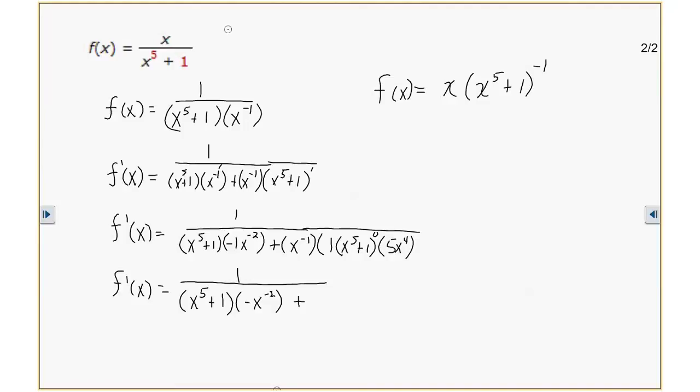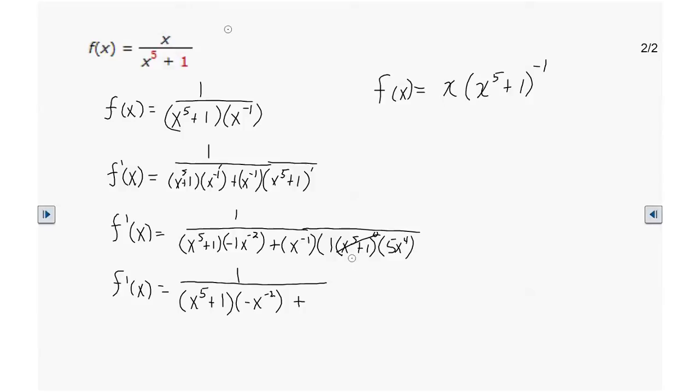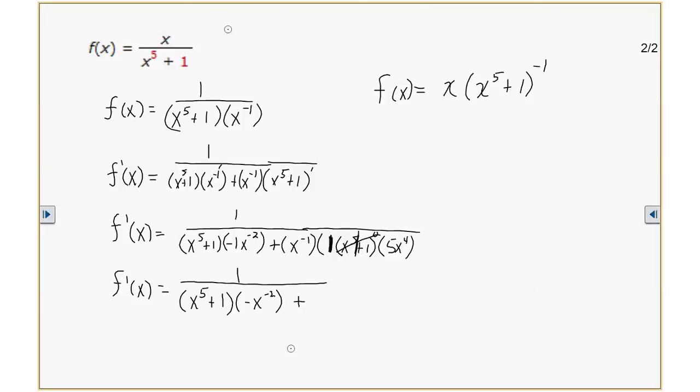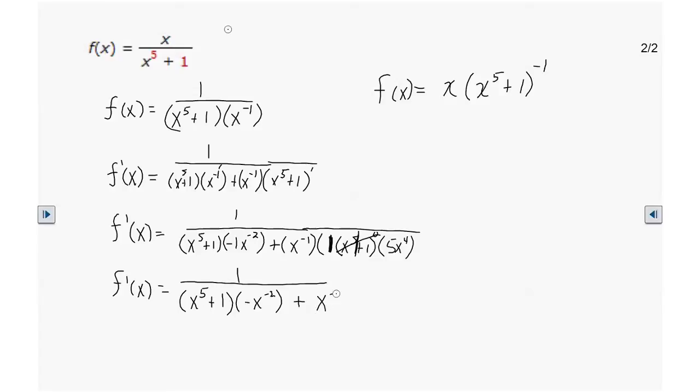Okay, I heard everybody say 1, so that goes to 1. So 1 times 1 times 5x to the 4th is 5x to the 4th. So that's x to the negative 1 times 5x to the 4th.